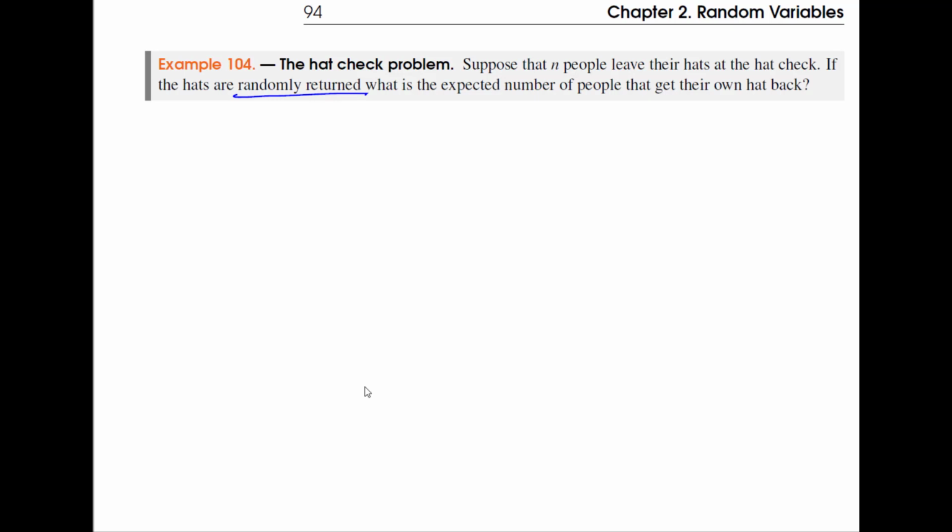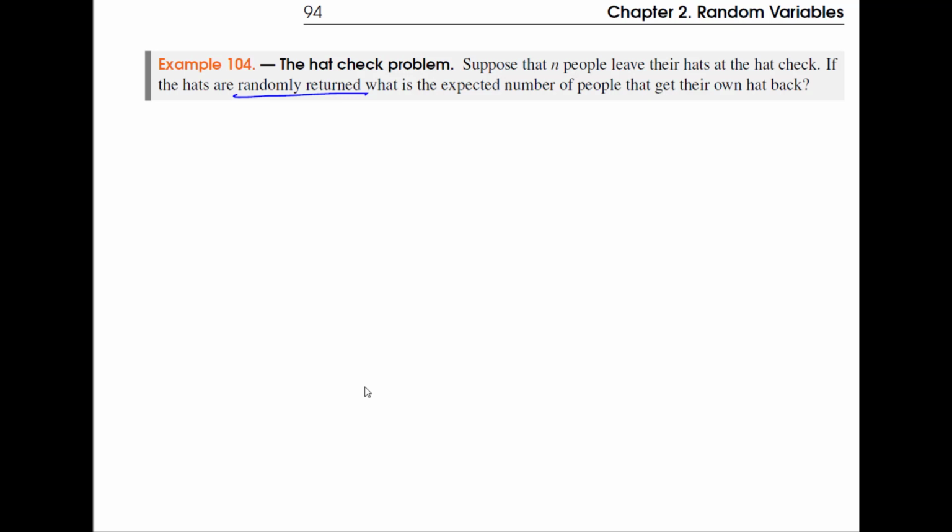So when you leave, you're given one at random, which may or may not be yours. And the question is, what is the expected value of the number of people that get their own hat back?